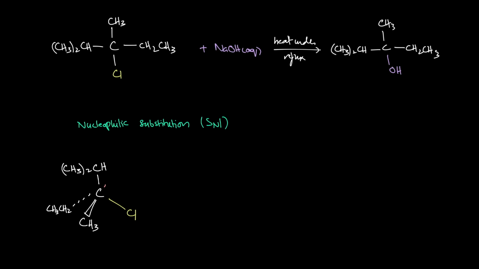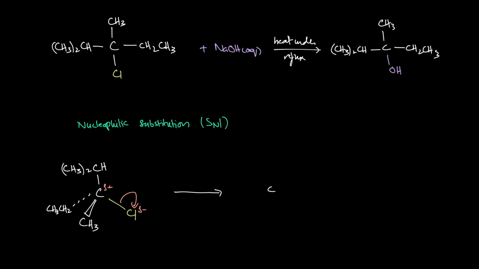So what happens in the first step of this mechanism? Make sure you show the dipoles. The C-Cl bond breaks, and you end up making a carbocation intermediate. What I want everyone to appreciate is that you start with an sp3 carbon, a tetrahedral structure, and the carbocation intermediate will be an sp2 carbon with a 120-degree bond angle.